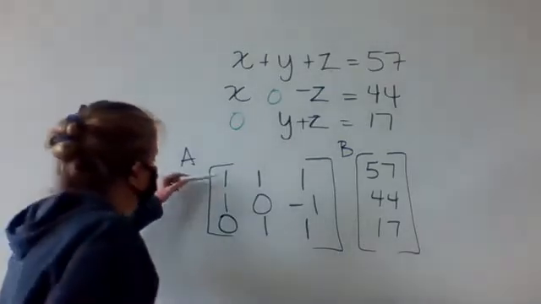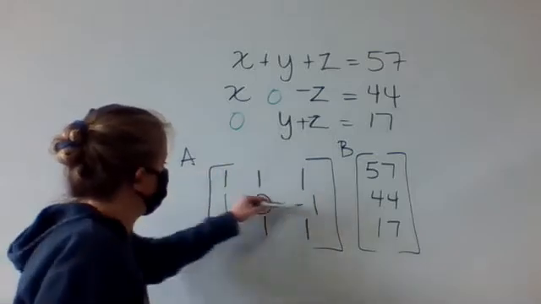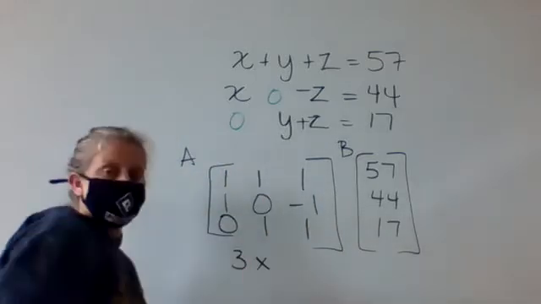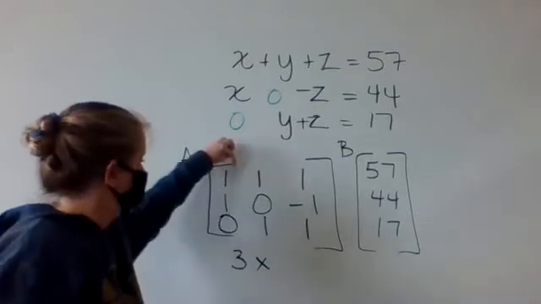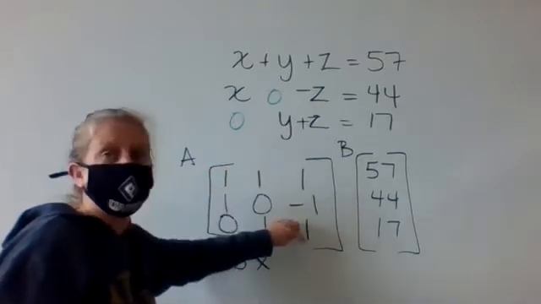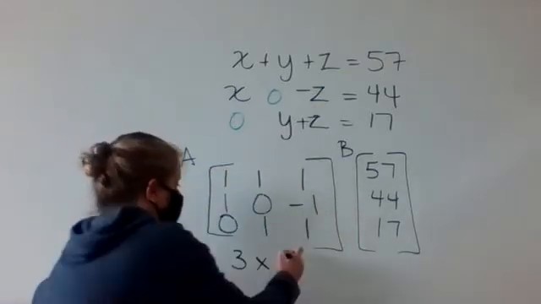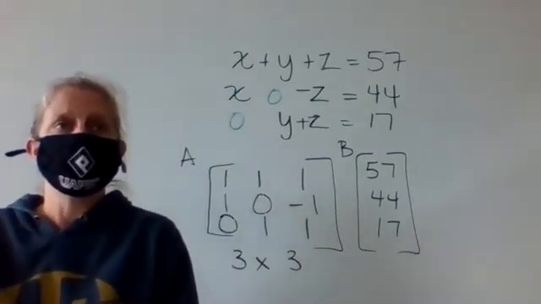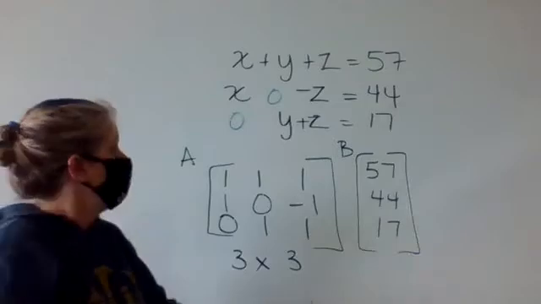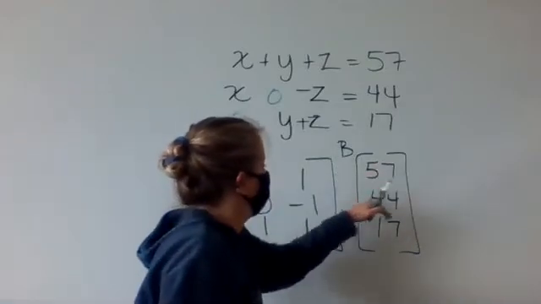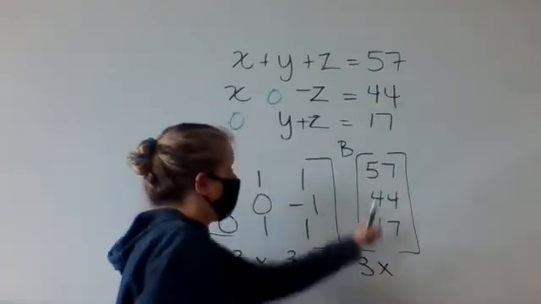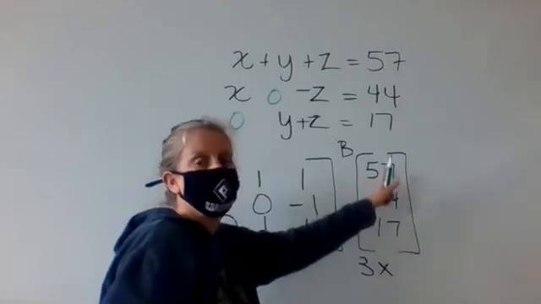So this one, matrix A, how many rows does it have? It's got 3 rows. It also has 1, 2, 3 columns. So I'll have to tell it to be 3 by 3. Matrix B has 1, 2, 3 rows. This one only has 1 column.